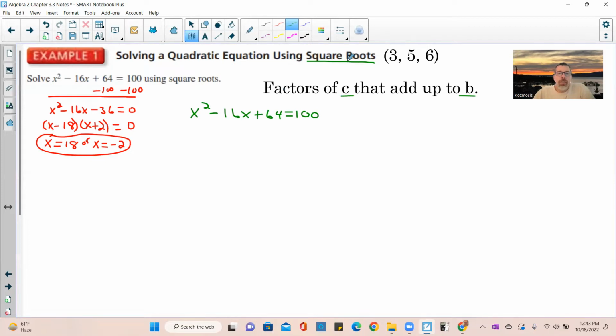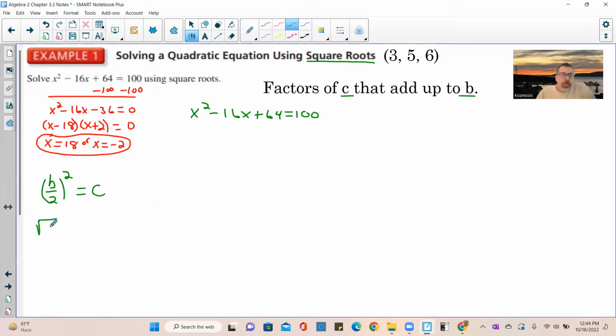If I want the square root of a trinomial, then I want the square root of c, and b divided by 2 squared equals c.